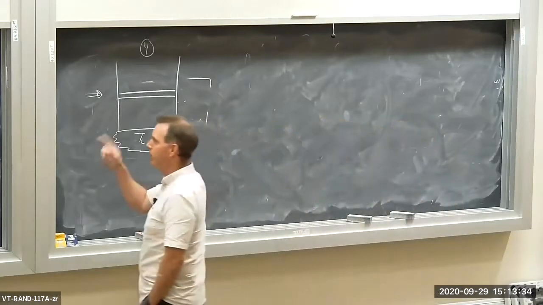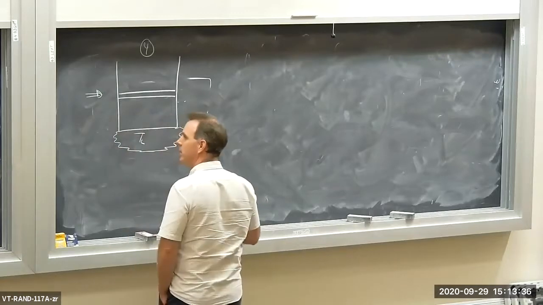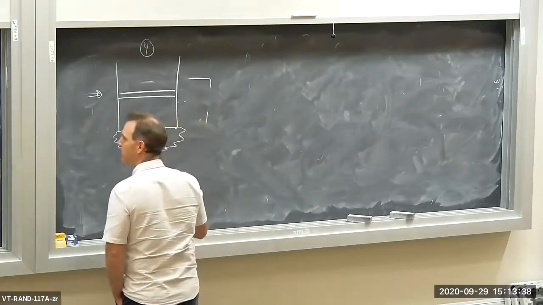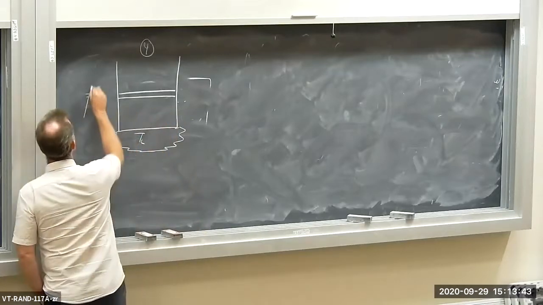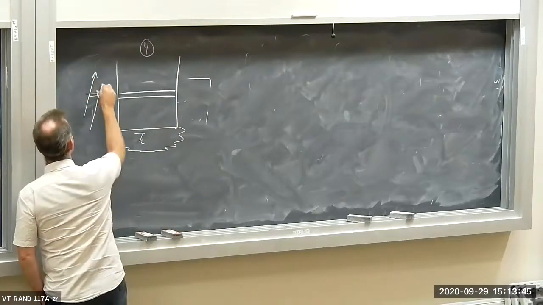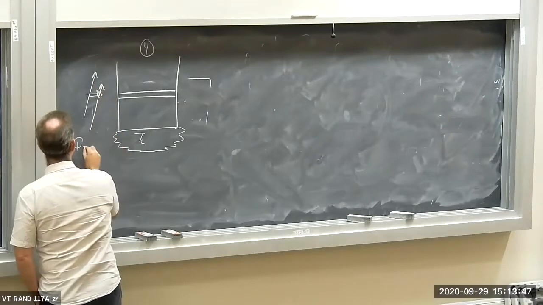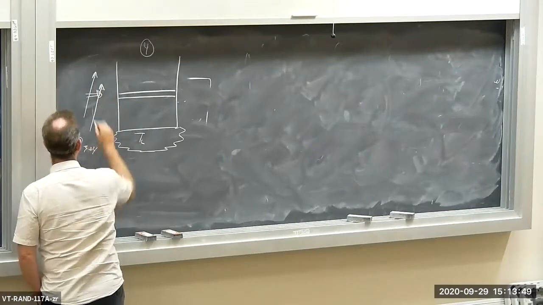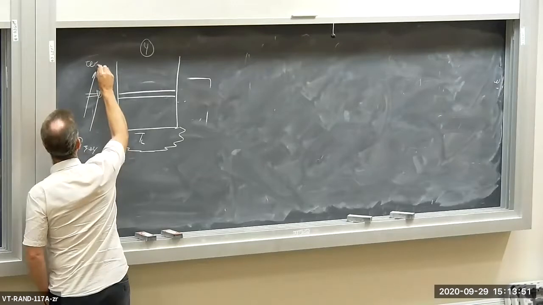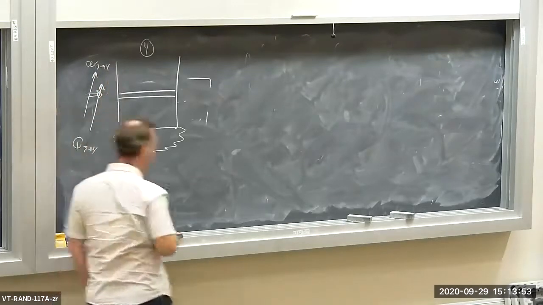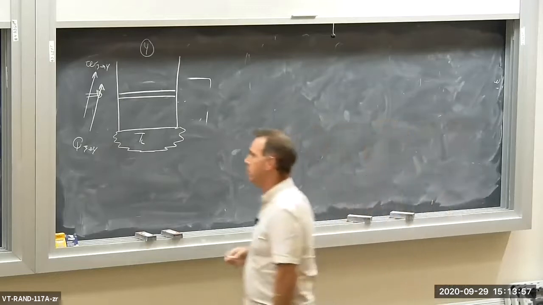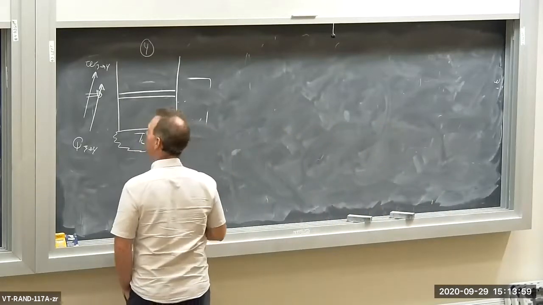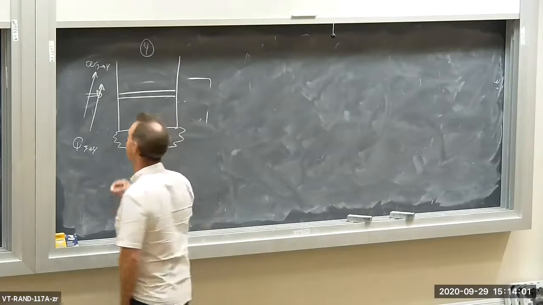And from 3 to 4, I'm going to squeeze it down from 3 to 4. So there'll be some sort of a heat interaction from 3 to 4 and some sort of boundary work from 3 to 4. And the process 3 to 4 is going to be isothermal compression.